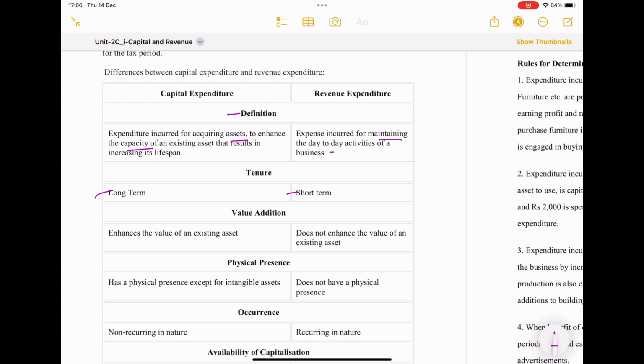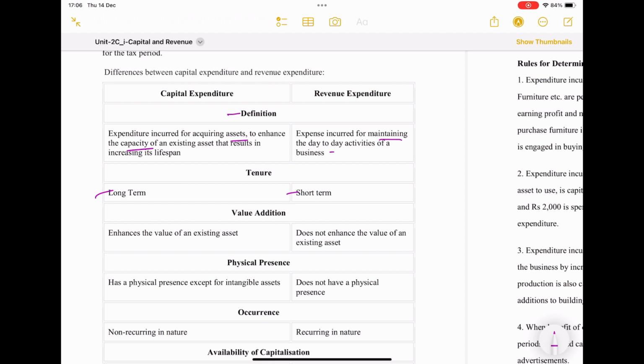If you have purchased plant and machinery, we install it in our factory, so we can see and touch it. But for revenue expenditures like maintenance and repairs, wages paid, rent paid, physical appearance will not be there.